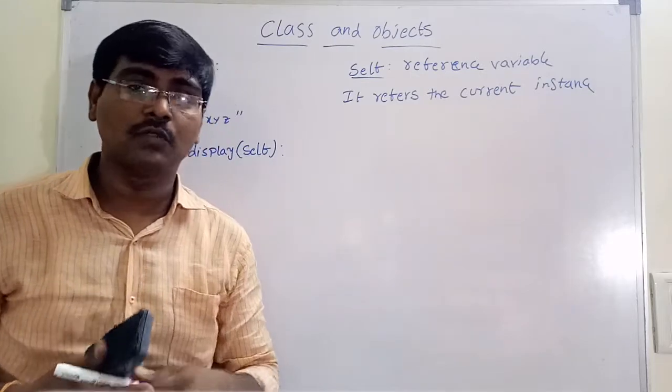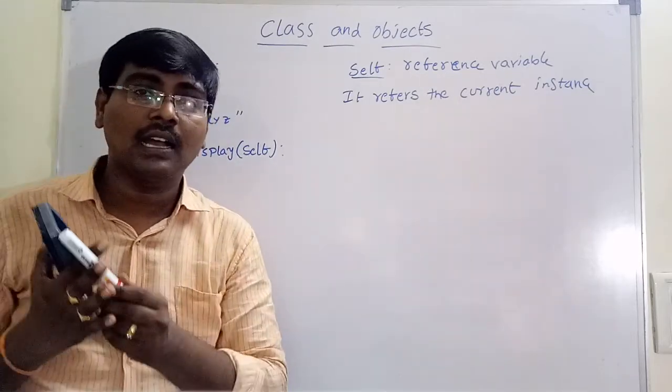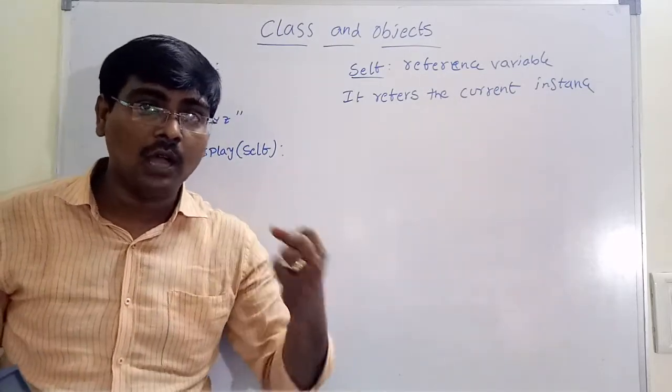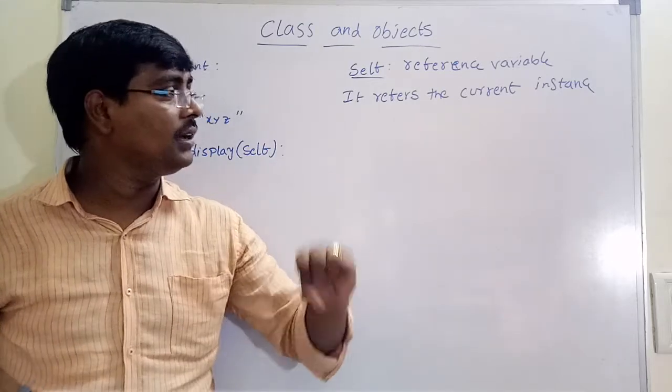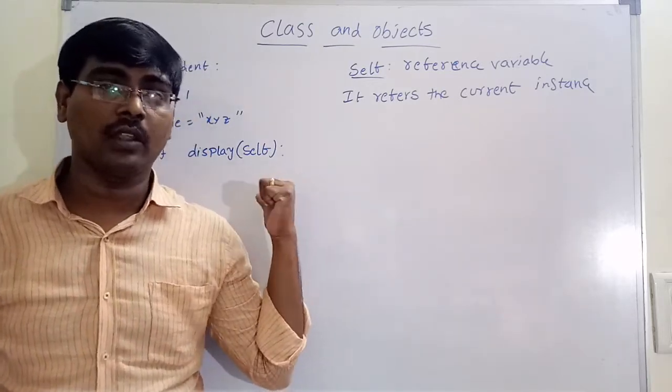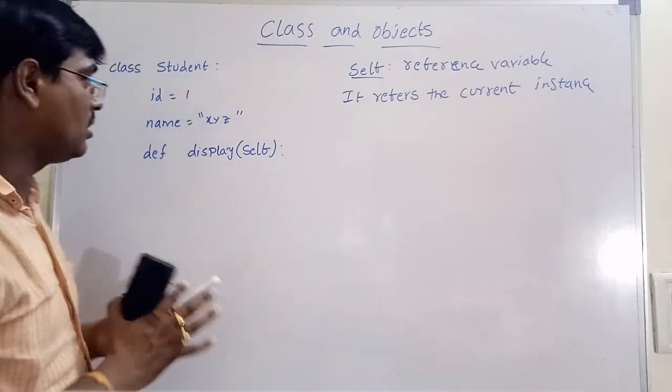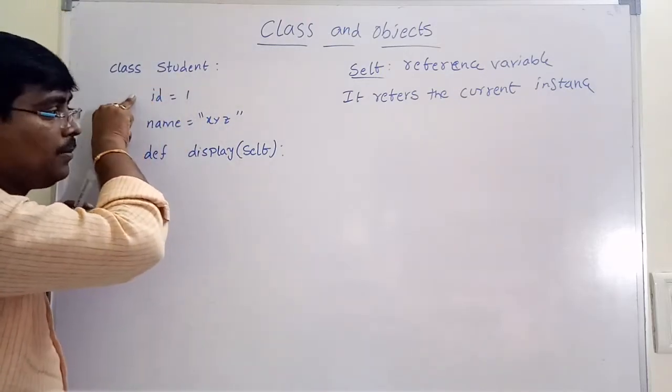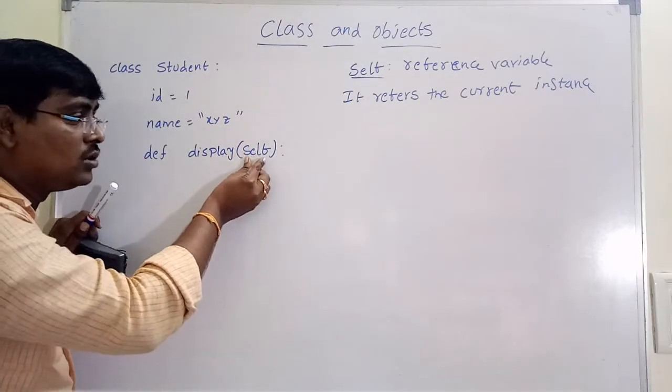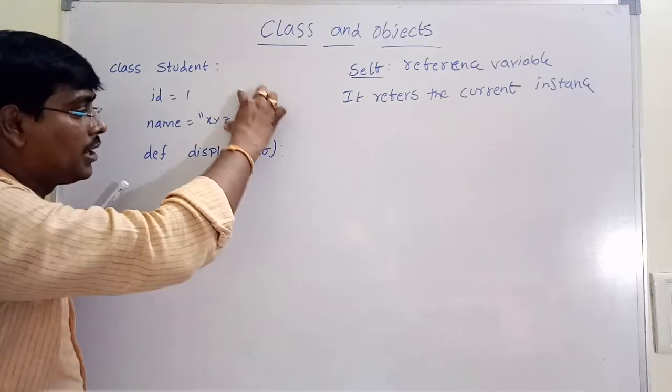Self is a reference variable which refers to the current instance, that is, the object from which we are calling. For that object the function is called. The attributes are accessed by using this self variable.